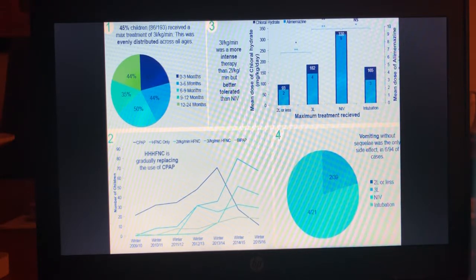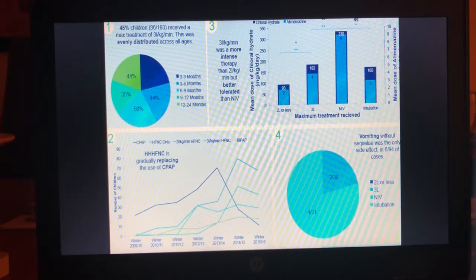So it looks like we've replaced CPAP with high flow. This is particularly visible in the slightly greener line, which peaks at 2014-15 at around 50 patients, and that is the line showing patients who received 3 litres per kilo per minute of high flow.